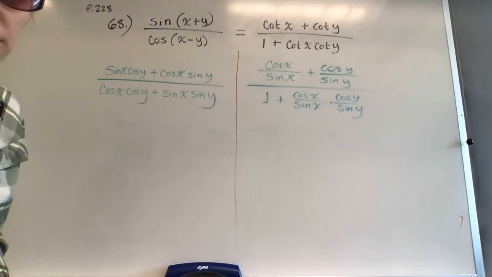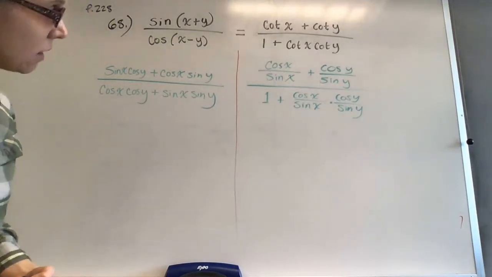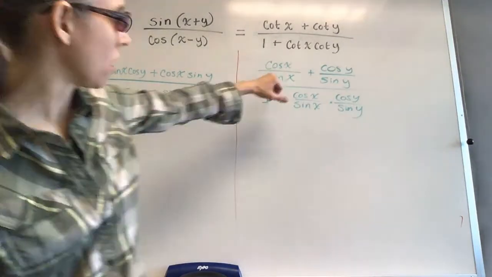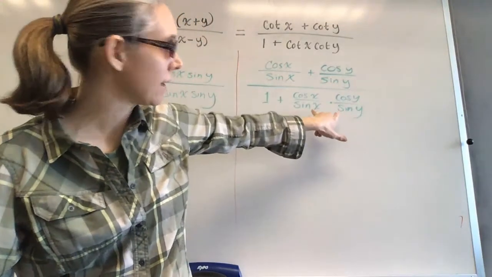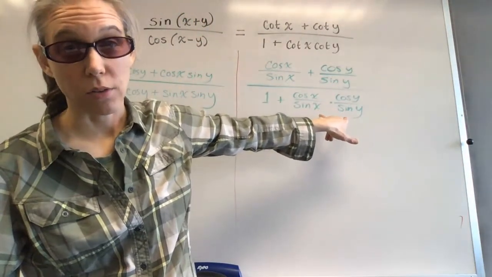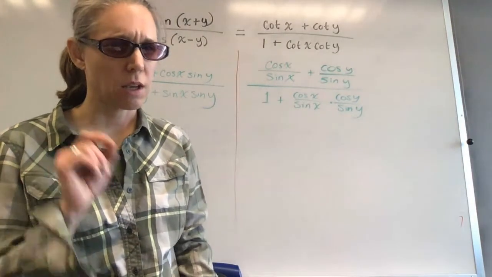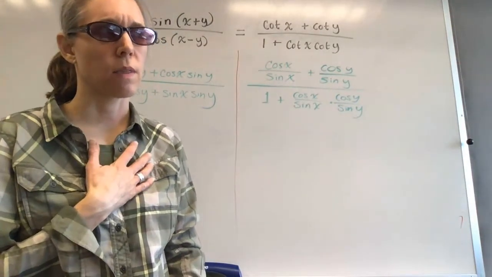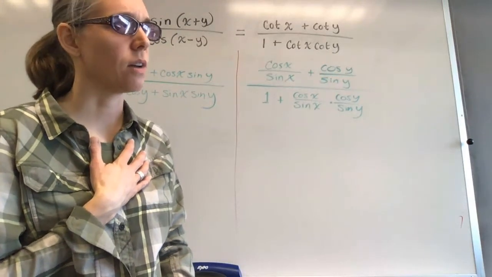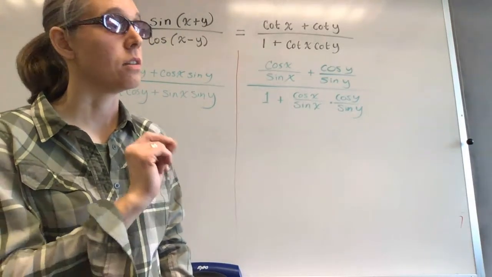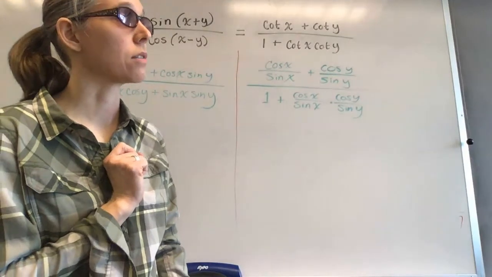Now, this is a nice big complex fraction, and the denominators I have are sine x, sine y, and sine x, sine y. So the LCD is sine x, sine y. I should be careful not to use the word obvious. I had a math teacher once who had a sign on the wall that said, "Obvious is the most dangerous word in mathematics." It's true.